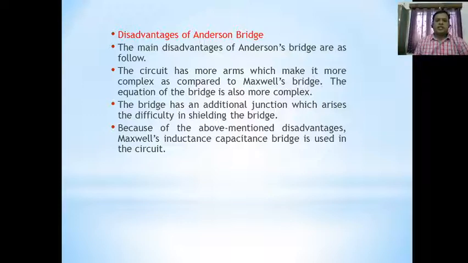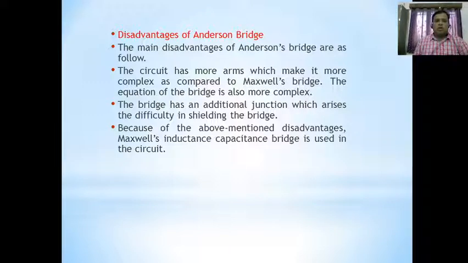The bridge has an additional junction, which makes it difficult to shield the bridge. Here an additional junction is available, that is, we have the capacitance as well as the resistances. So it looks somewhat more complex than Maxwell's bridge, and the equation also becomes a little bit complex, but they are easily solvable.